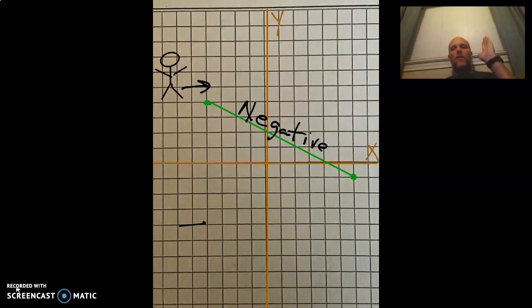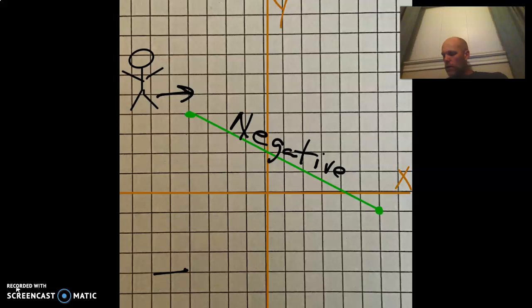Now we just have to find out how tall it is to how long it is. It doesn't matter how you do this. If you want to turn it into a triangle, you can. You have to have the points. So how tall is this right here? 1, 2, 3, 4, 5. And then the run, how long is it? 1, 2, 3, 4, 5, 6, 7, 8, 9, 10.